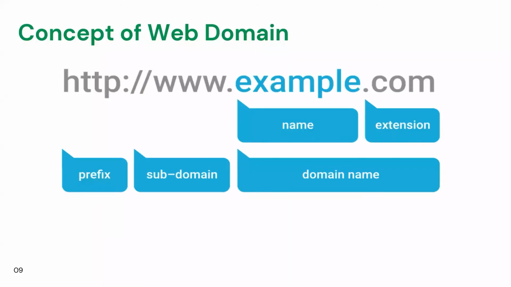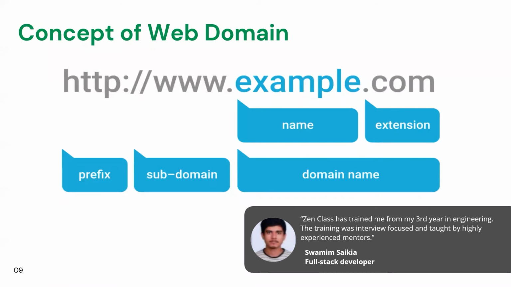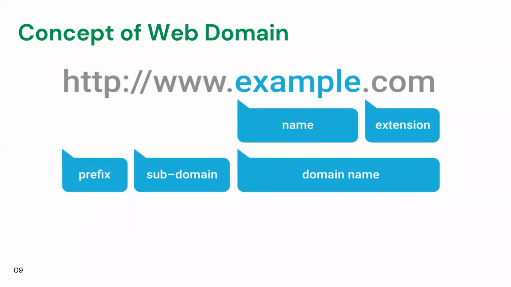Similarly, this is one example of a web address: http://www.example.com. Out of this example, this part is the name of the website, which is provided by the user or the owner of the website, and the last part after the dot, the com, is the extension.